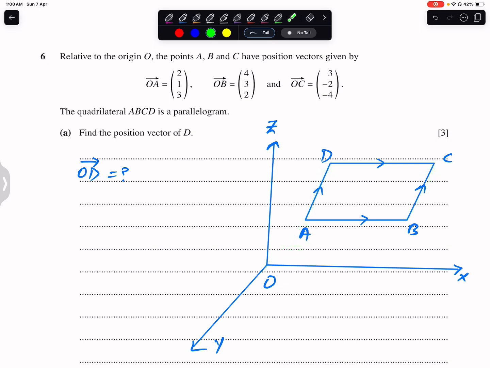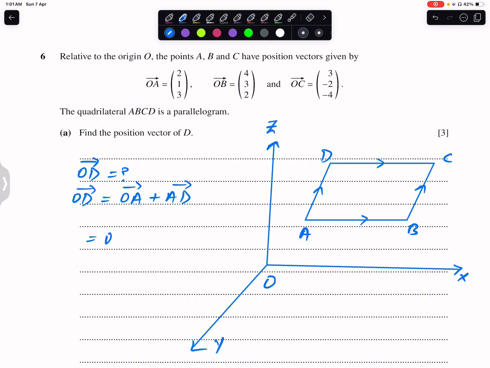So in vectors, AD is equal to BC. Why? Because this is a parallelogram and opposite sides are equal in length and parallel, so the two vectors must be the same. So we will write OD is equal to OA and then AD.